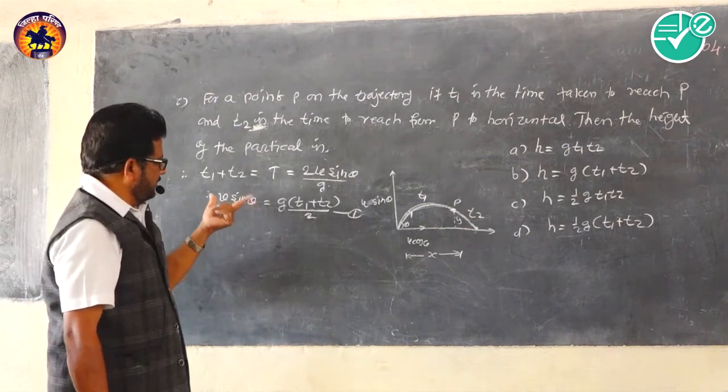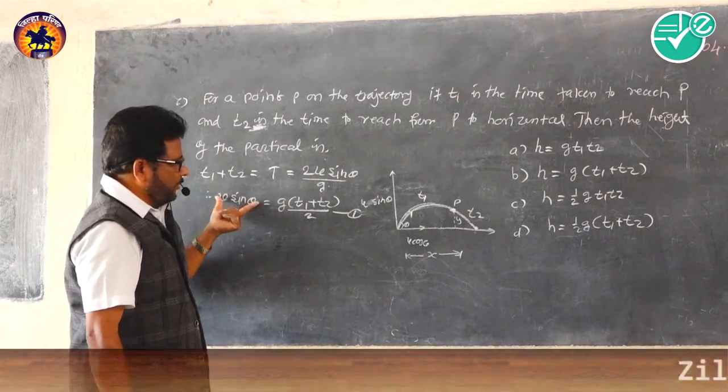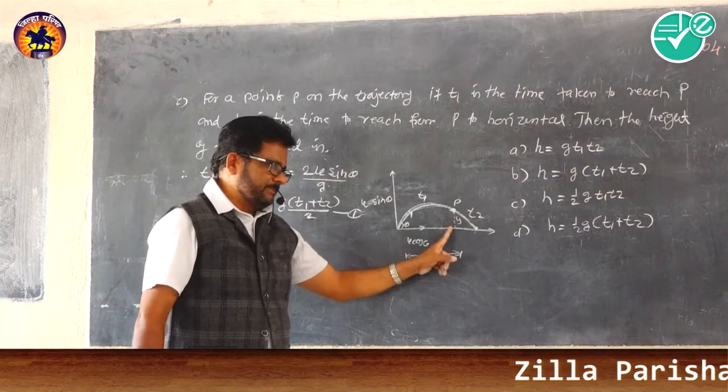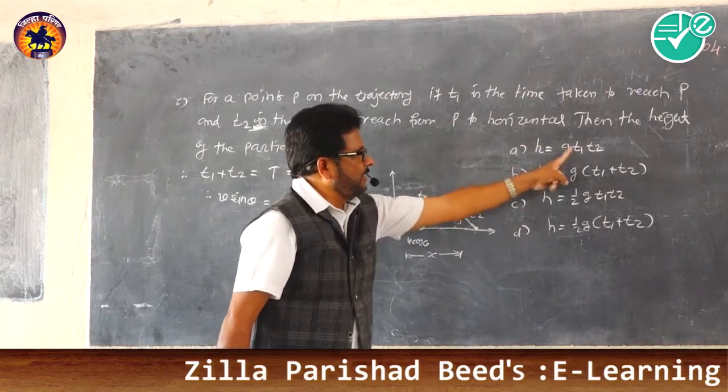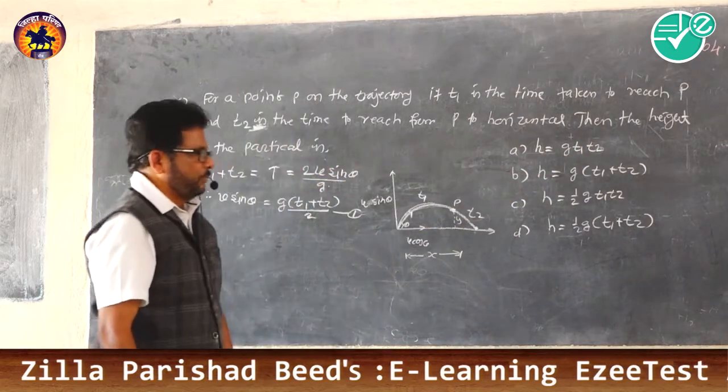So this is the vertical component of this particle. Now we have to find the height of the particle in terms of T1 and T2.